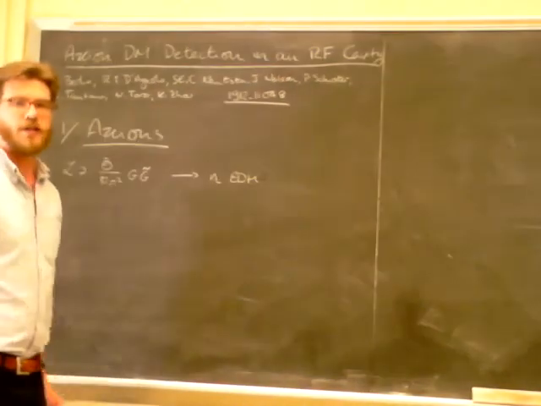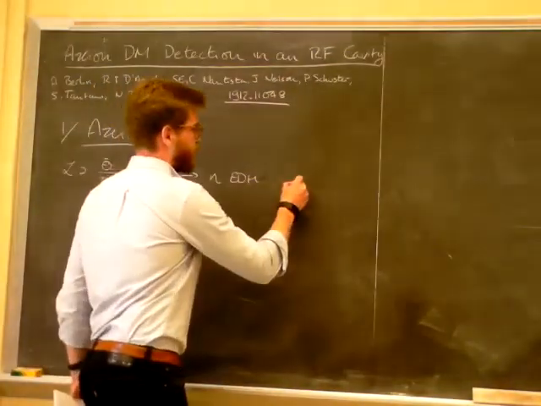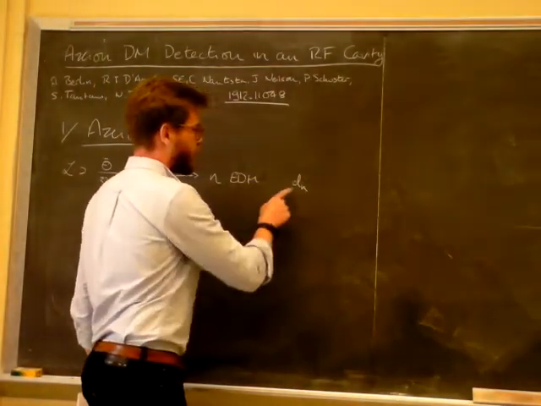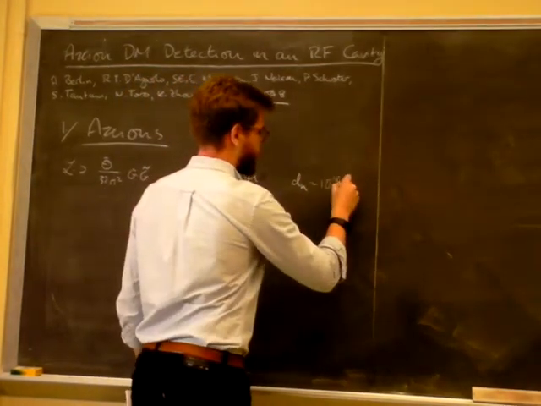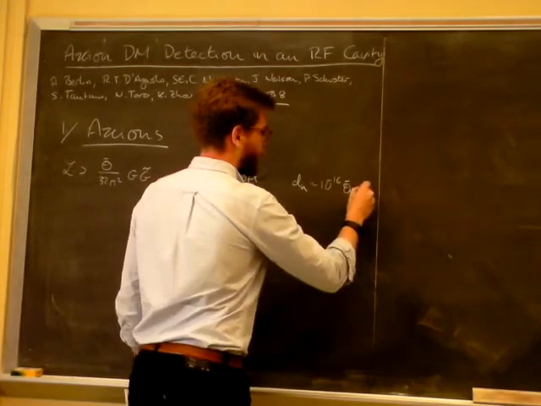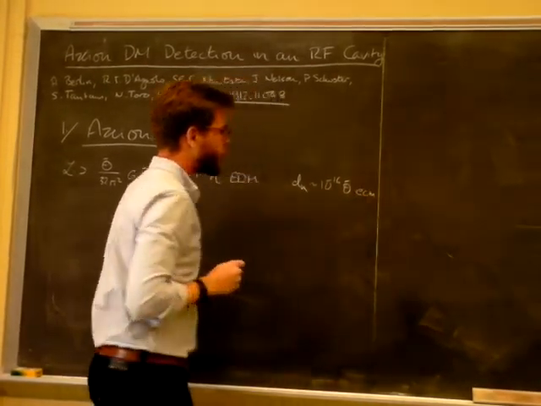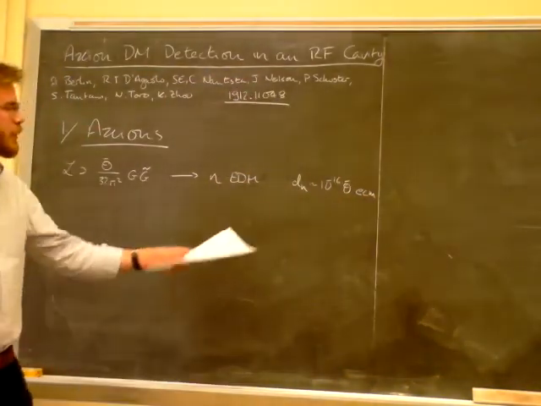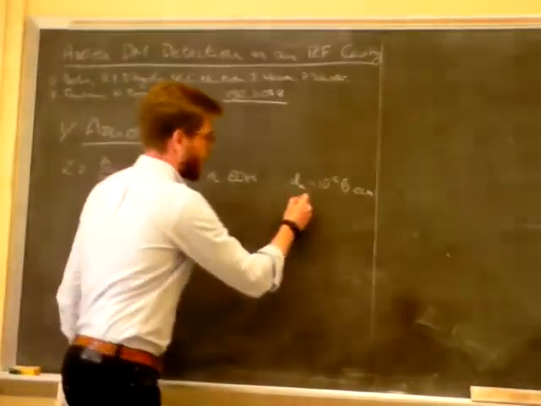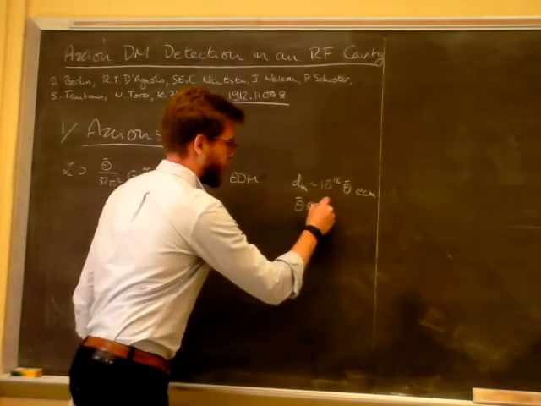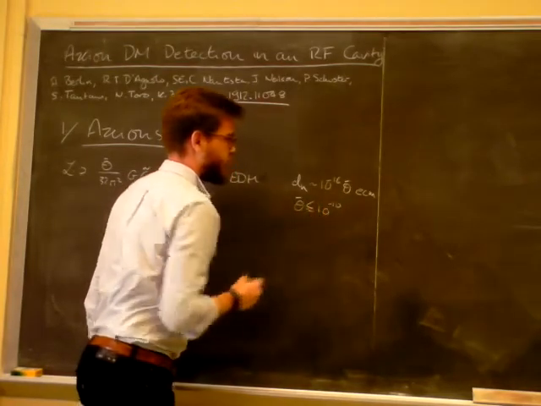Indeed, the expectation is that the neutron electric dipole moment denoted d_n should be something like 10 to the minus 16 times theta bar electron centimeters. But experimental limits on the neutron electric dipole moment tell us that theta bar must be less than or similar to 10 to the minus 10.